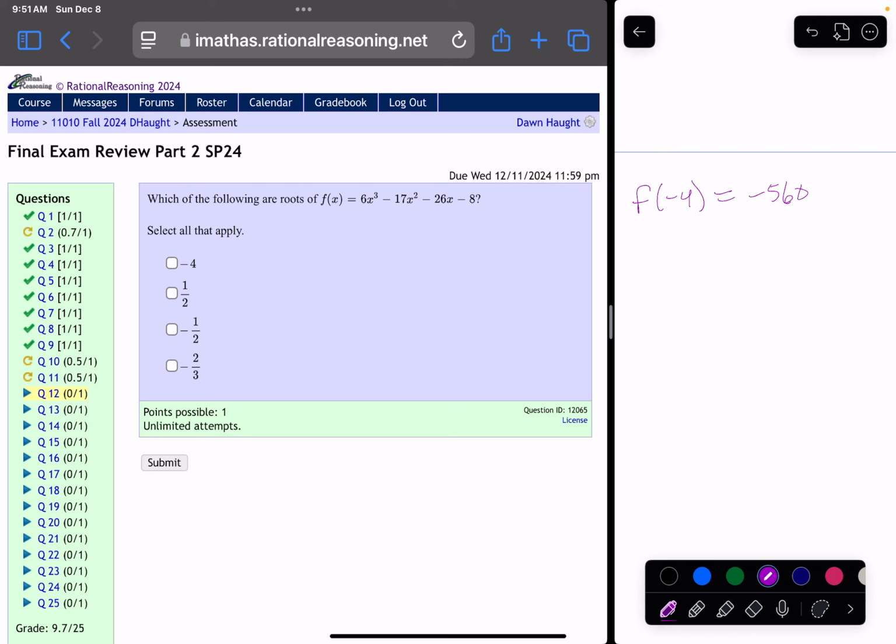I'm just doing the same thing I did before. Instead of plugging in -4, I'm going to plug in 1/2. And I got that f of 1/2 was -24.5. So that's a no. Now I'm going to do it again for -1/2.